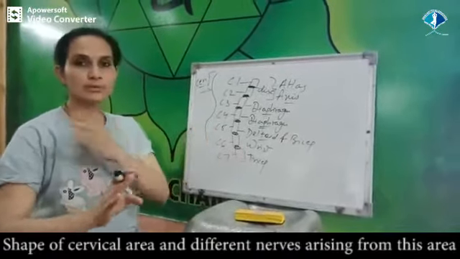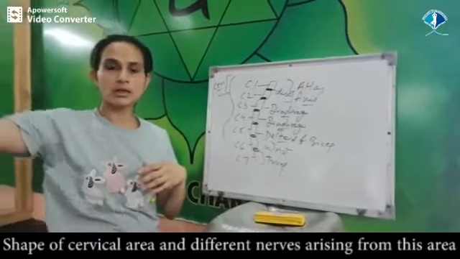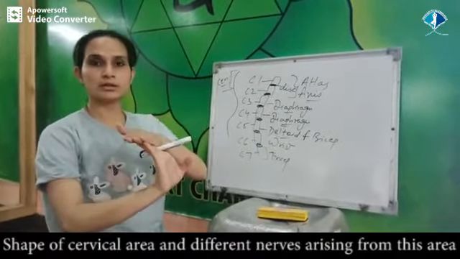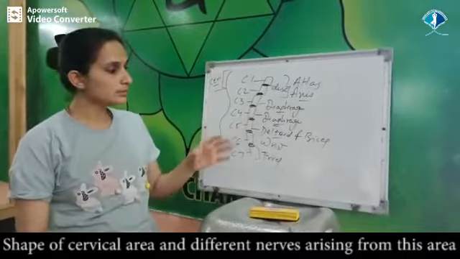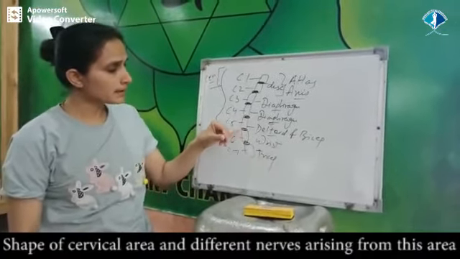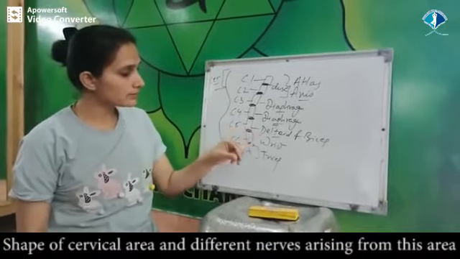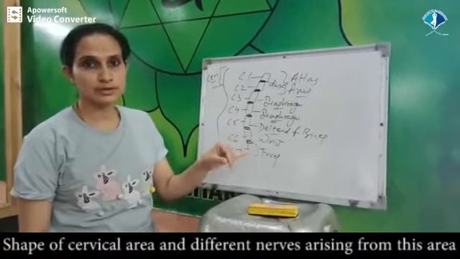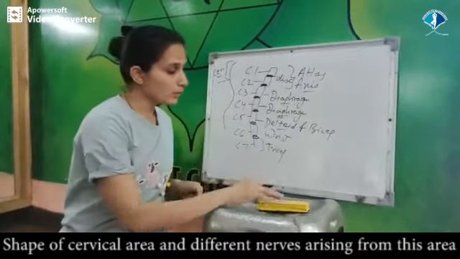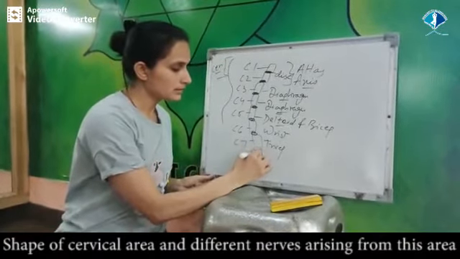So if you are facing problems doing this movement, or this wrist backward movement, it could be that the nerves arising from your C5, C6, C7 vertebrae are affected. There's one more spinal nerve.